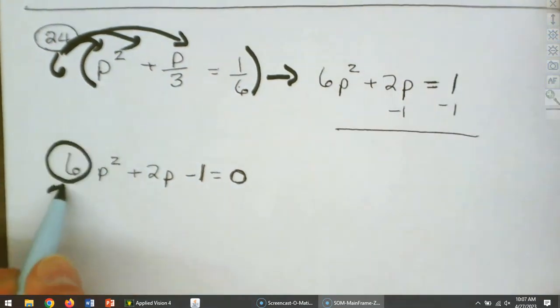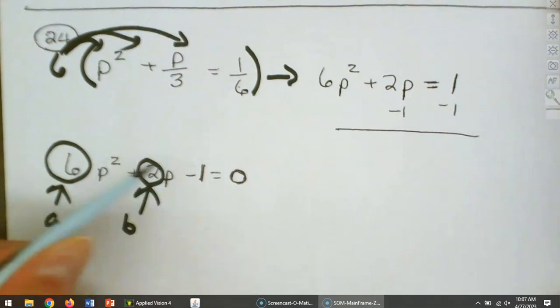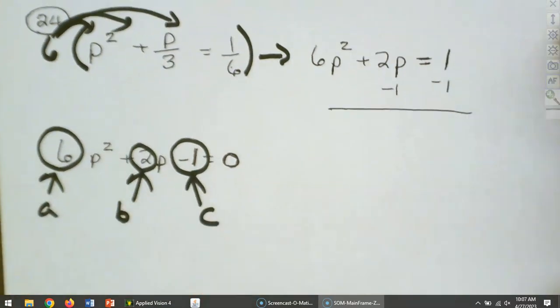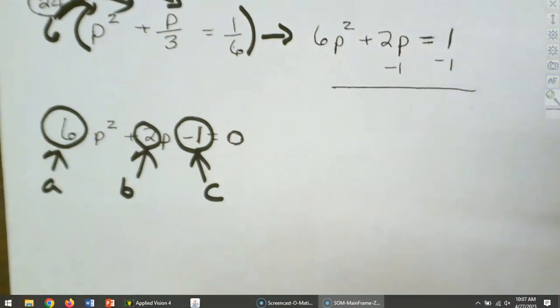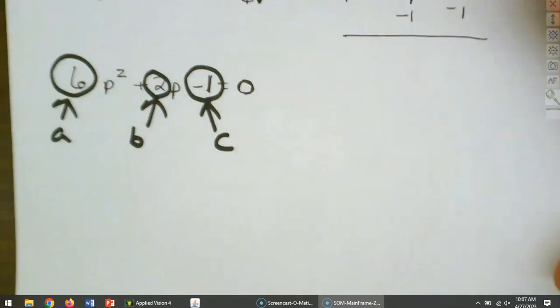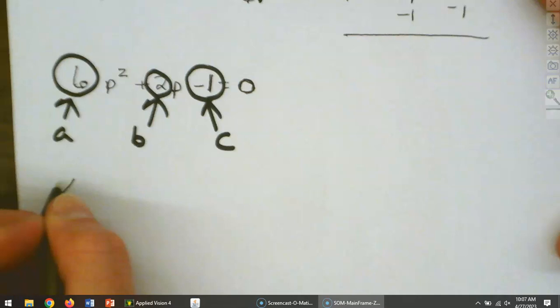Label A, B, C. Make sure it's equal to 0. Make sure it's all in the correct order. If it begins with a negative, which we'll look at one here in a little bit that does, you're going to have to divide it out and get rid of it. In this case, we didn't have to because that 6 was positive. So let's write up our formula.